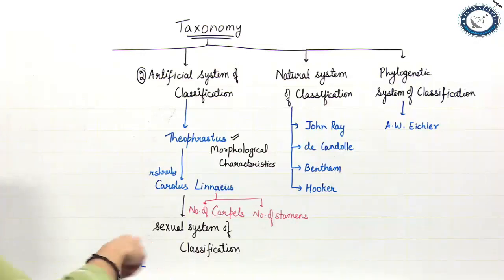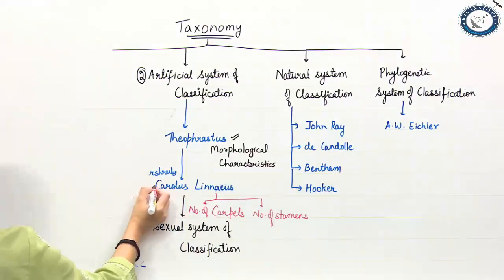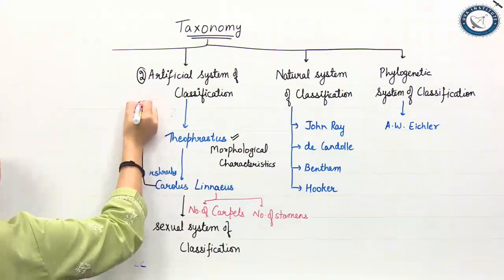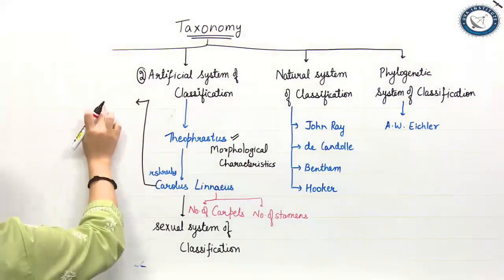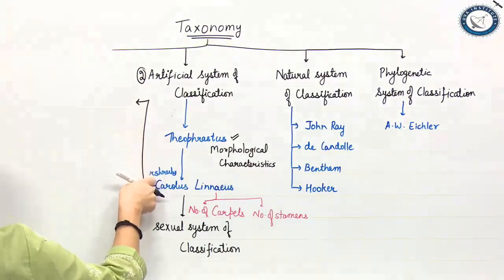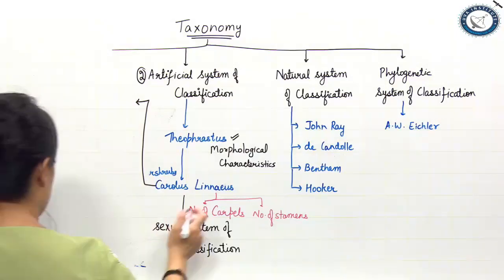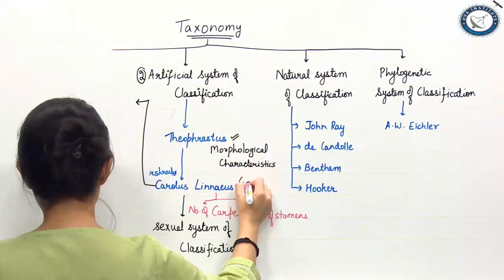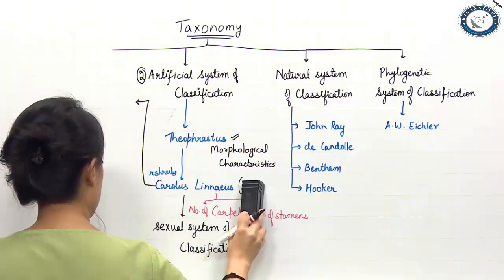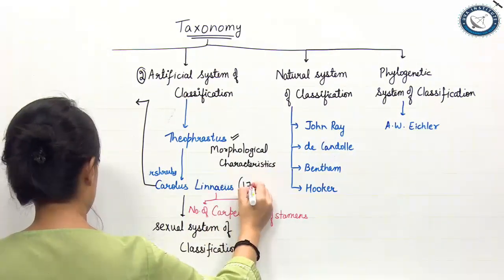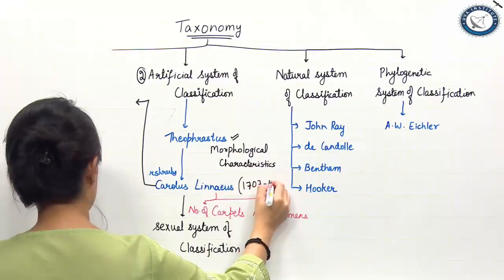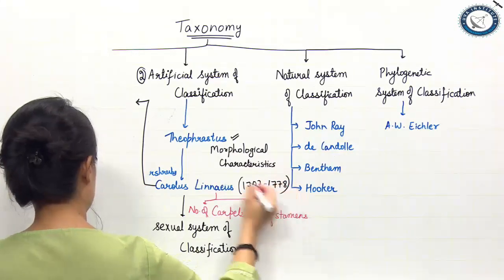Now moving ahead, I'm going to talk about more contributions given by Carolus Linnaeus. When he proposed this idea of the sexual system of classification, it was during 1707 to 1778.